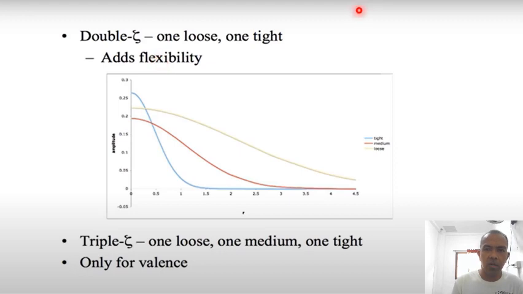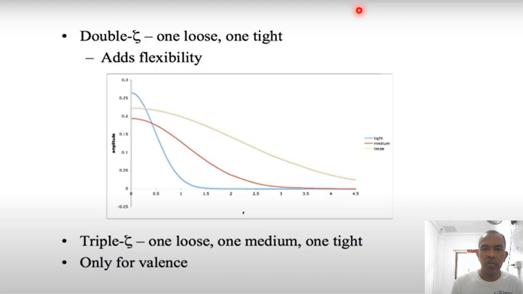But the point is that when there were primitive functions, they were multiplied together with specific coefficients to build a single shape. Now what we're going to do is not specify the coefficients ahead of time; we're going to let each of these curves be its own basis function, and the coefficients of those in the molecular orbitals will be optimized by the variational process.